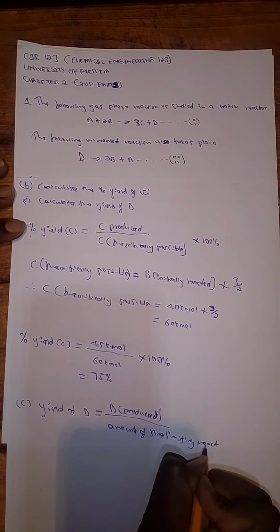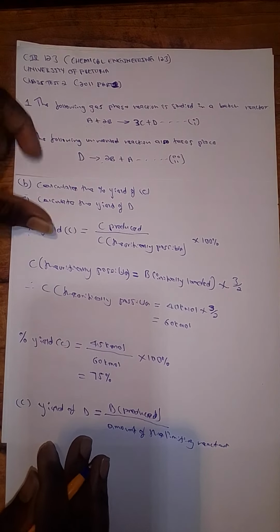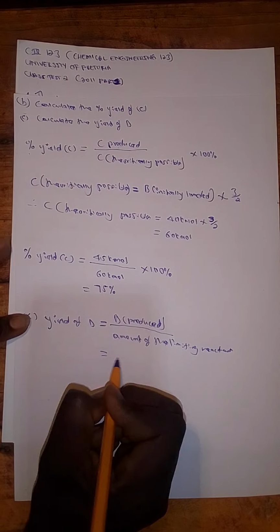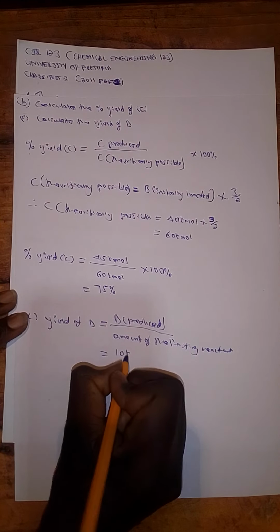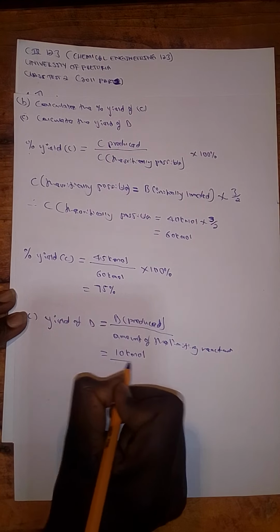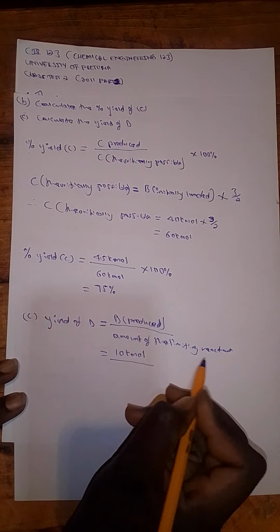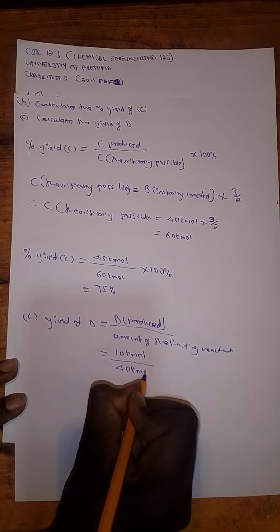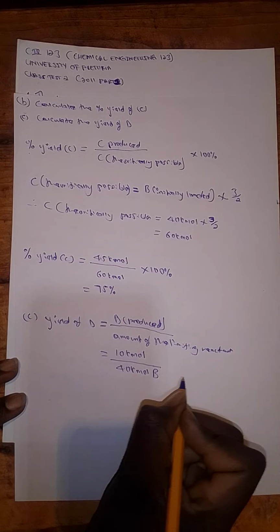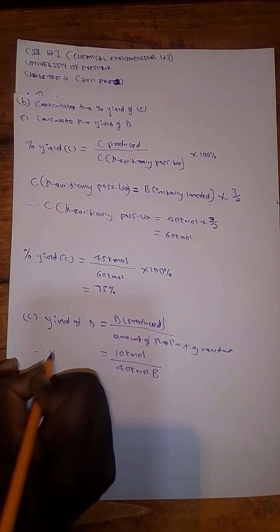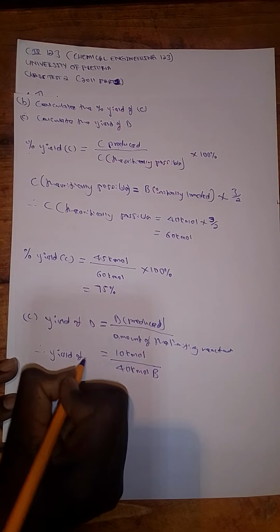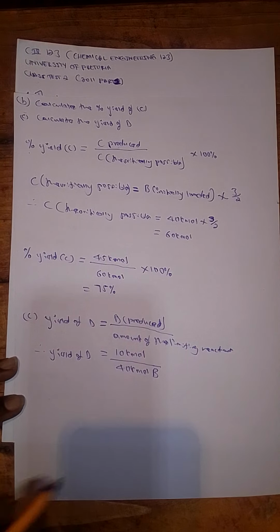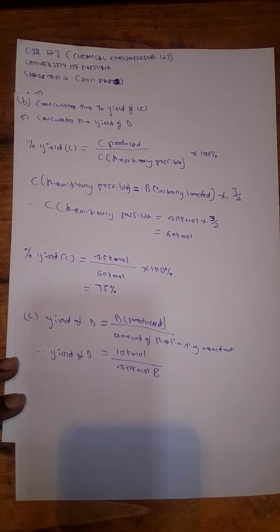In part A, we calculated the D that is produced to be 10 kilomole, all over the amount of the limiting reactant, which I've already mentioned is 40 kilomole of B. Therefore the yield of D is simply 10 kilomole per 40 kilomole B, which means for every 40 kilomole of B, you're going to produce 10 kilomole of D.